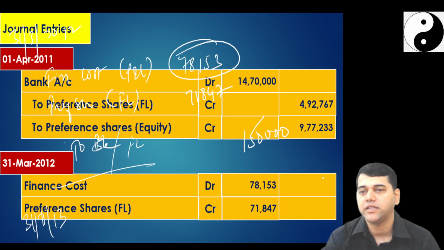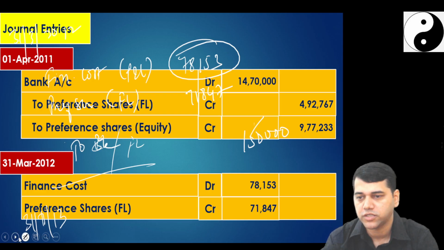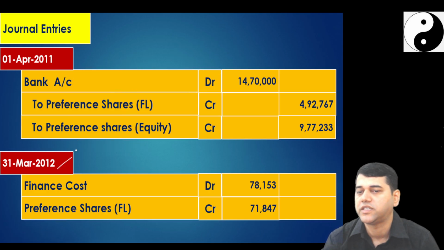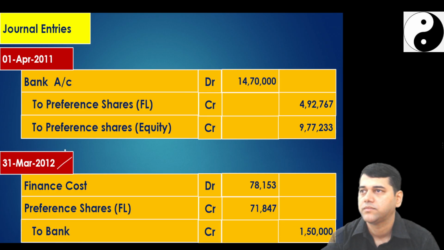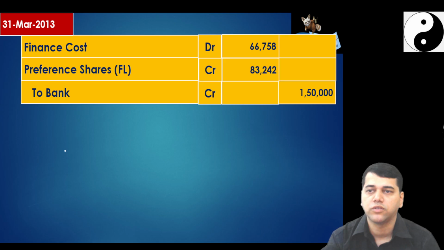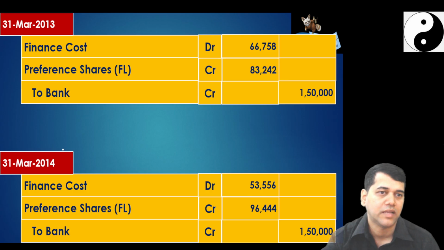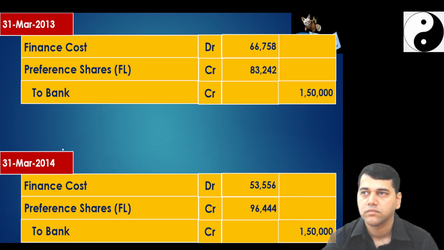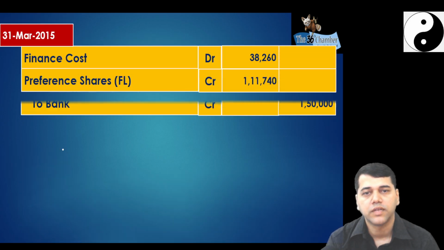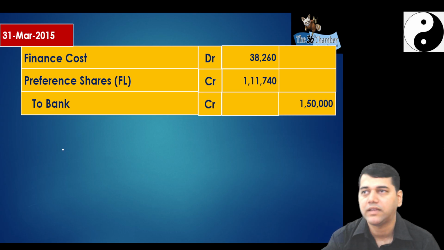So my journal entries, this is your initial recognition. This is your first year entries that you have passed. Second year, 31st March 2013, finance cost 66, differential amount 83, 1,50,000, 53, 96, 1,50,000, 38, 1,11,000, 1,50,000.